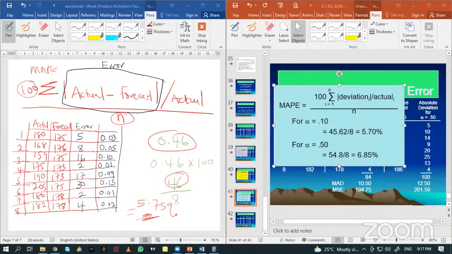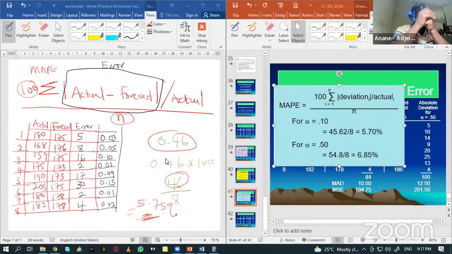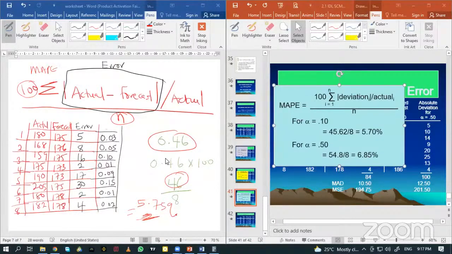Yes, sir. So, in the sample table given, in the one you just showed us in the handout, I'm seeing alpha equals 0.10.